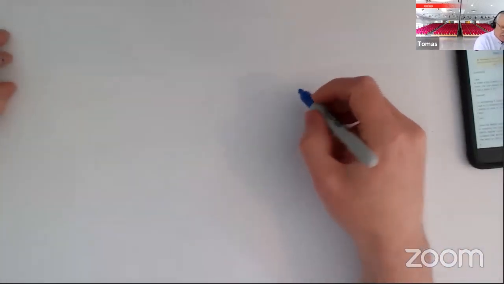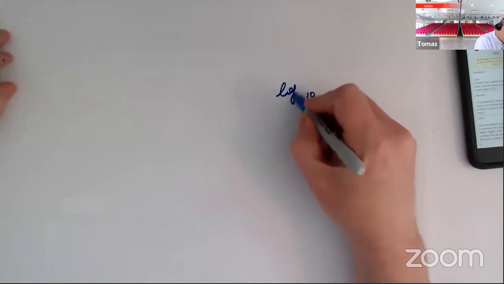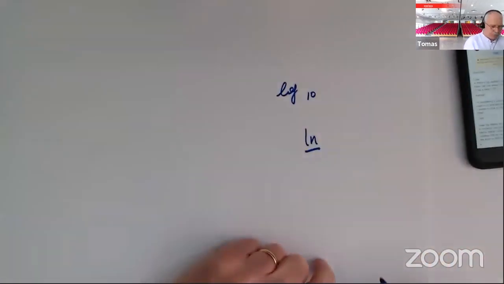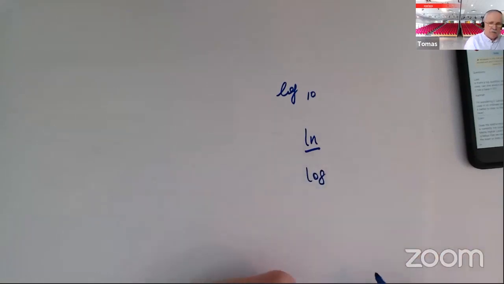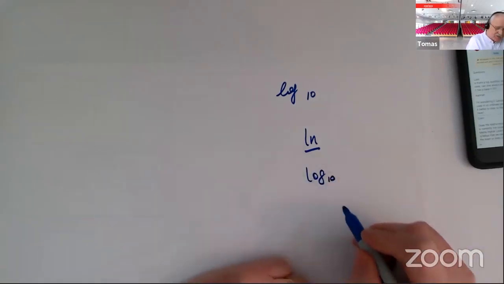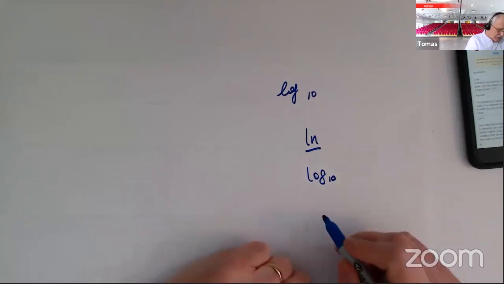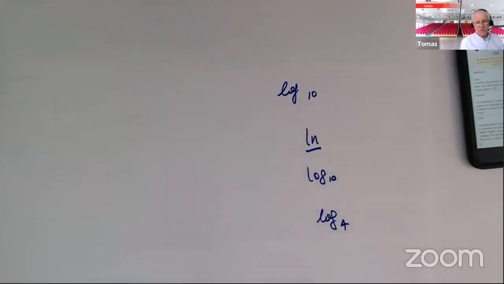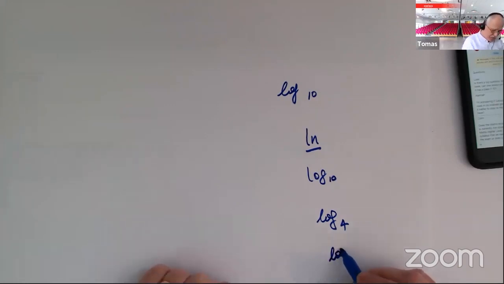So Luke says there's a question about logs. If they don't tell you that it's base 10, can you assume it's base 10? And the answer is yes, really. I mean, if it says ln, it's natural log. If they call it log, you can pretty well assume that it's log base 10 they're talking about. Now, if it turned out to be a different log, let's say it was log base 4, which is really quite strange, or log base a, we'd have to find a way to undo that.